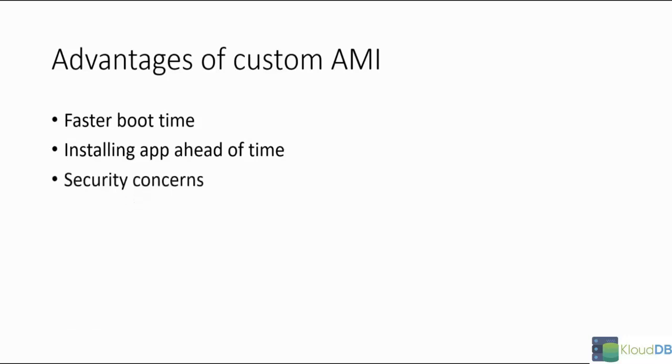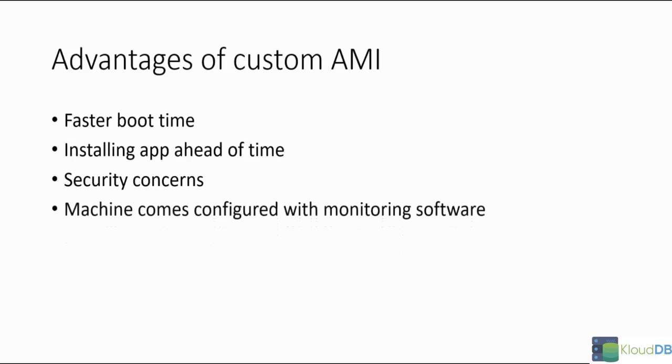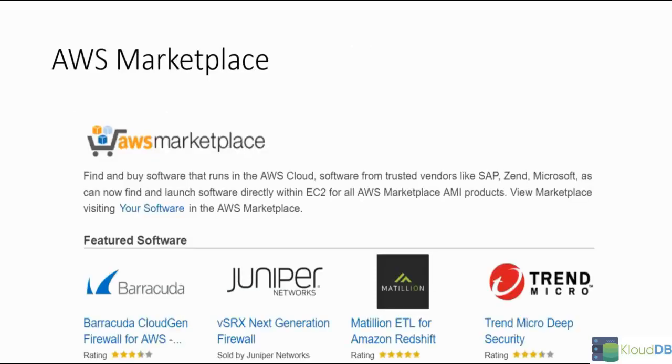Security concerns: you can harden the instance. You take all the security measures when you create the AMI, which will be retained, and the machine comes configured with monitoring software. So you can have all the monitoring software in place when you create the AMI, and the new instances that are launched based on the AMI will have the software already.